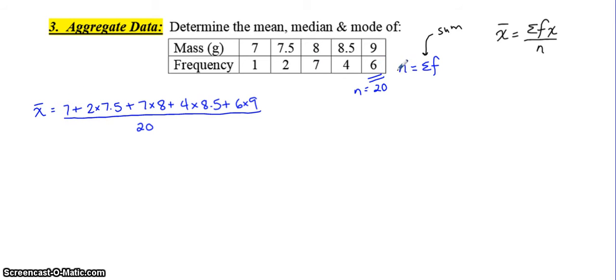So since the number of data, which is n, is the same as adding up all the frequencies, your mean can also be written as the sum of the frequencies multiplied by their data value divided by the sum of all the frequencies.